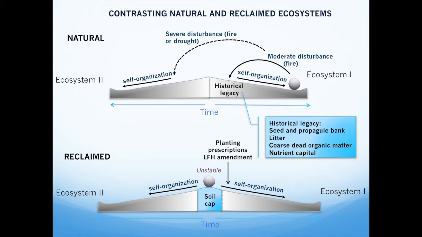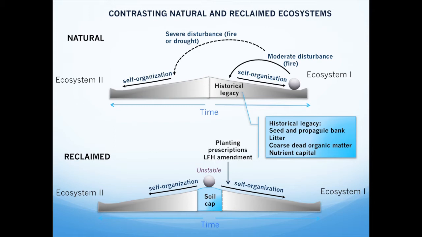The problem is that if we don't do anything with that system, it's highly unstable in the sense that the system could move and get pushed into one of a number of different stability domains. And that's the problem with reclamation, is we need to establish the system in such a way that it moves into a stability domain that we consider to be desirable.